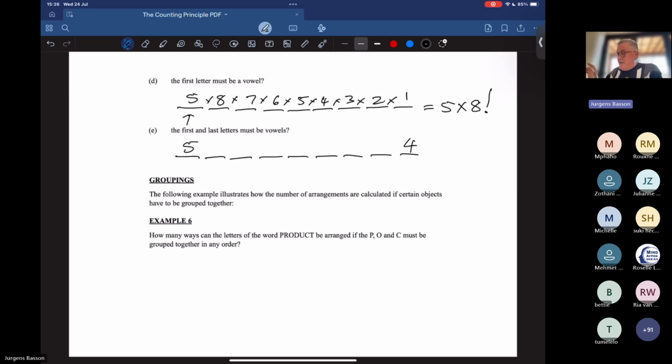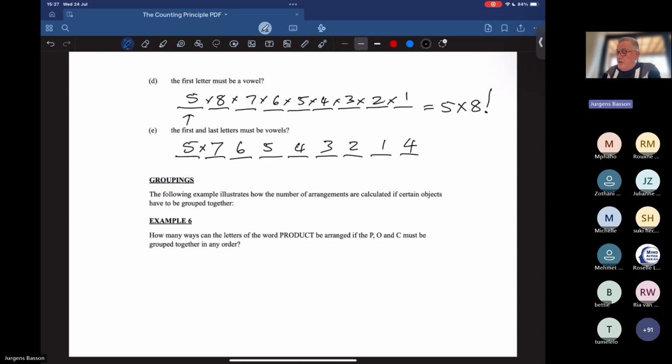So now we placed 2 of the vowels. So that means we've got 7 letters left. So we go 7, 6, 5, 4, 3, 2, and 1. And as you can now see, that gives me 7 factorial. The 5 and the 4 are just positions, they're just numbers.